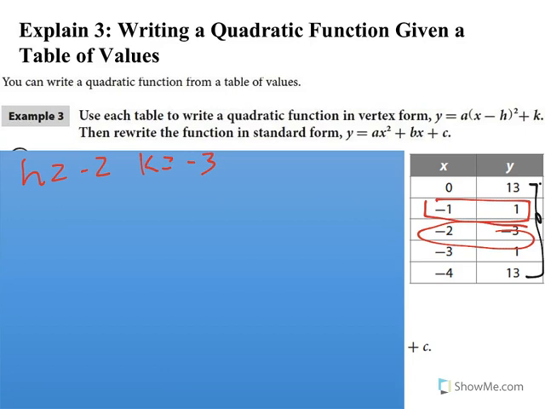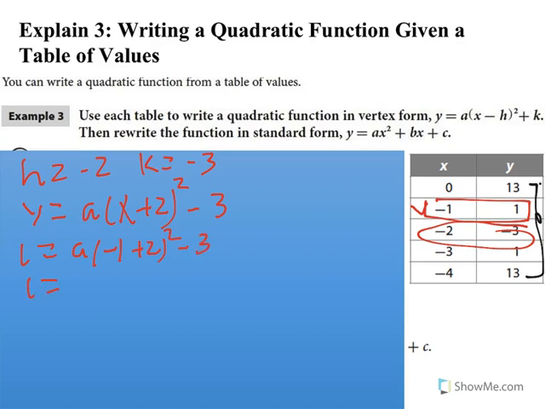Right, so the equation we have is y equals a times x plus 2, remember, double negative, quantity squared, minus 3. We pick this point here, x and y, so all we have to do is substitute to solve for a. So 1 equals a times -1 plus 2 squared minus 3.